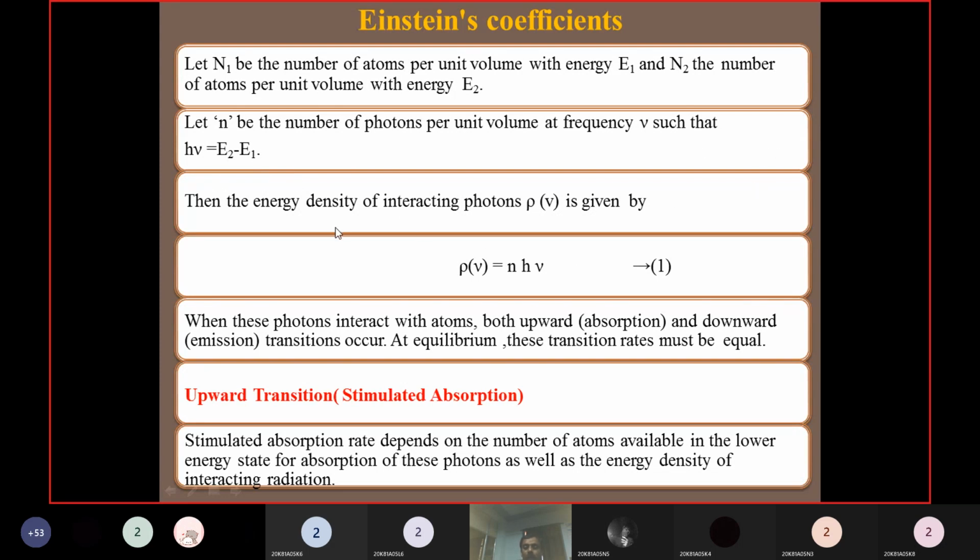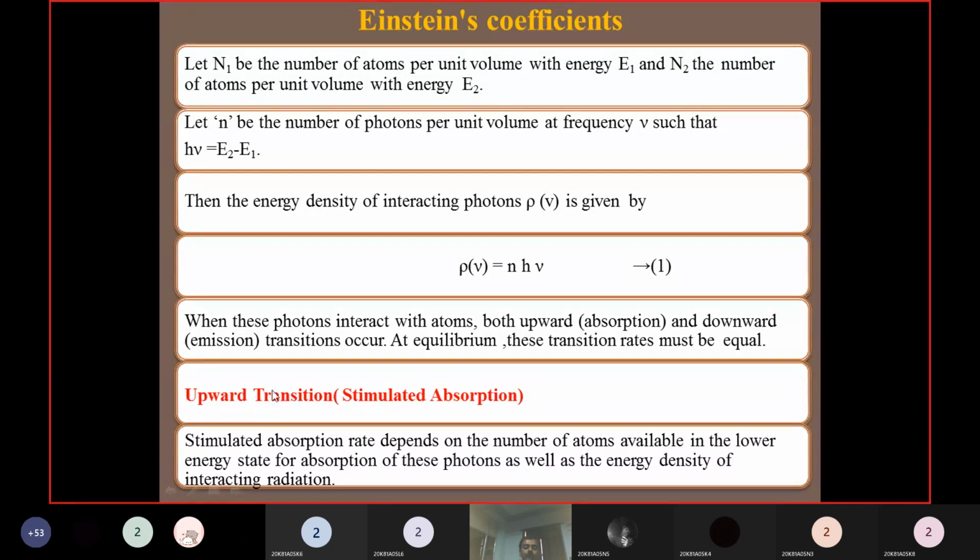Now, how many photons are interacting here? That is rho of nu, equal to nh nu, the energy density of the photons.